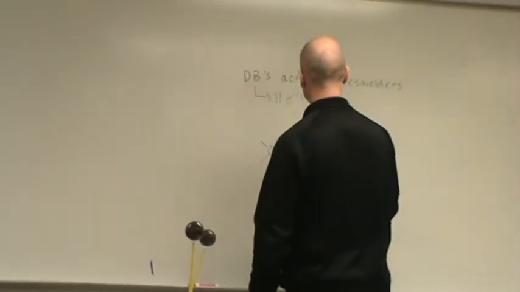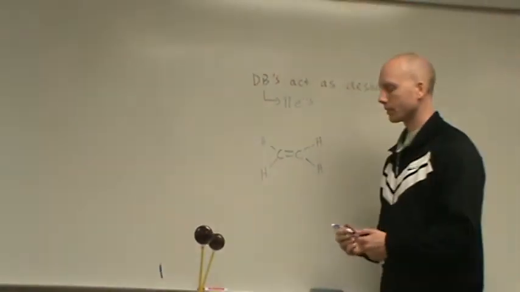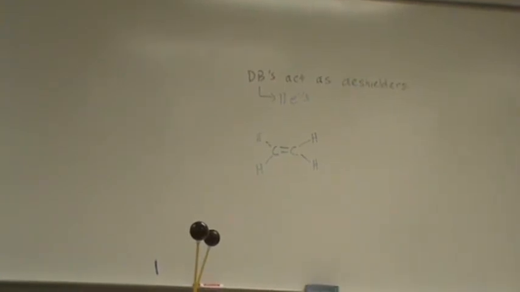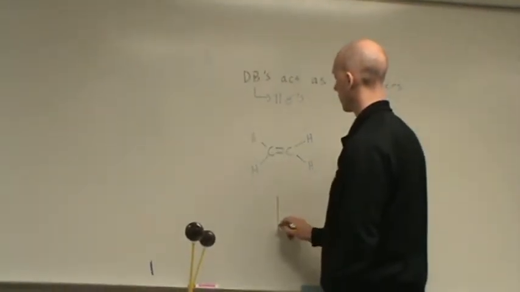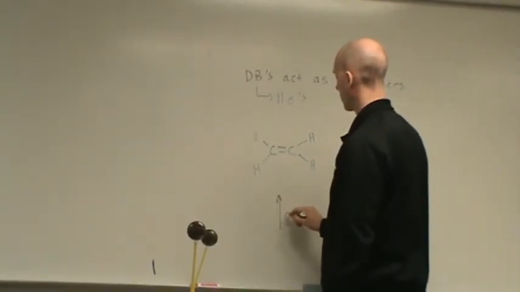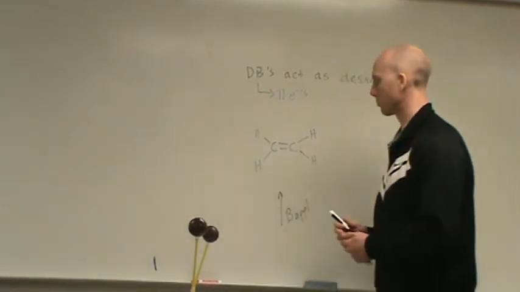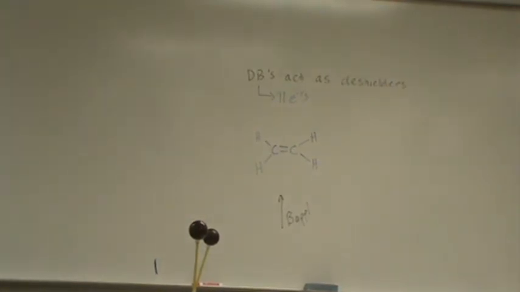Suppose I had some hydrogens out here, and let's suppose that we put this thing in the NMR. So what's the first thing it's going to feel? What's going to be blasting it? The magnetic field. So B applied is going to nail it.